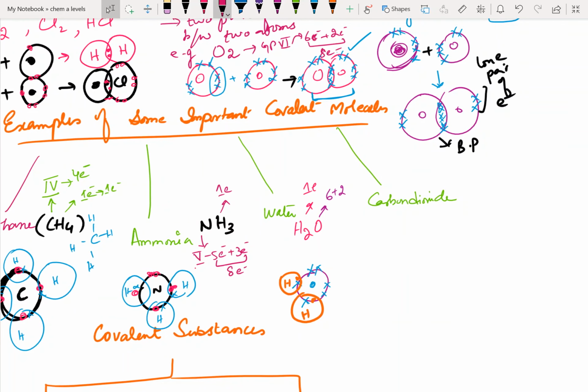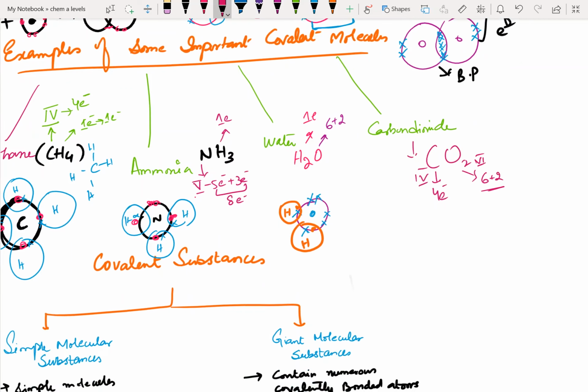Let's talk about carbon dioxide. This is CO2. C belongs to group 4 and it needs 4 electrons. Oxygen belongs to group 6 and it needs 2 more electrons to complete. So more electrons are needed for carbon, so carbon will come in the center, and it is going to share 2 electrons on one side with oxygen and 2 on the other side with oxygen.